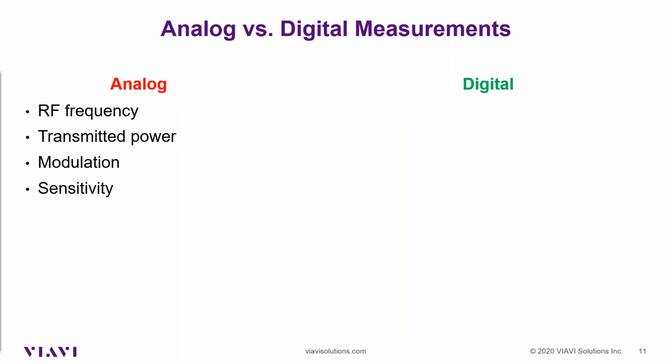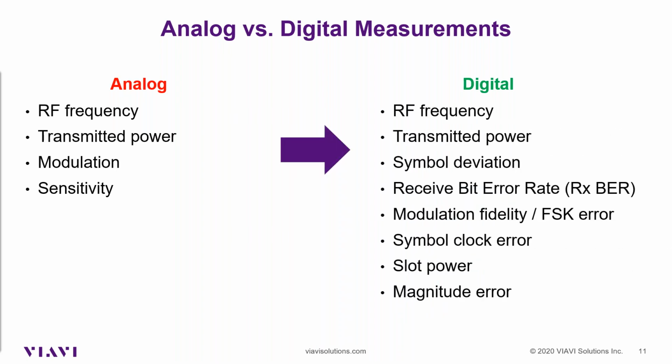So it's important when we go to digital that we have the right equipment, because in digital, all those same measurements that we could kind of get away with being wrong in analog, now they become critical. When we go to digital, we see some of the same things, frequency and transmitter power, but then we start seeing some different measurements.